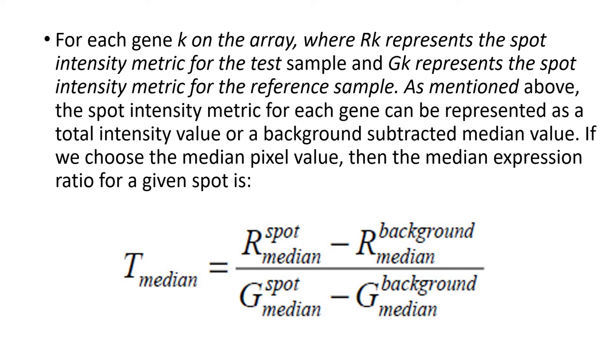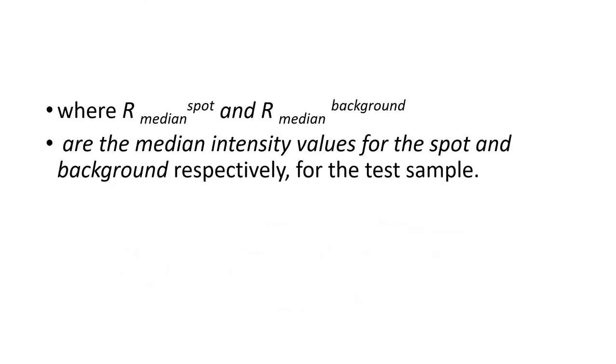So this is the formula: spot median intensity minus background median intensity. In that way we get the intensity ratio, called TK. This is also a median value. It should be clear to all of you. This is how we get the intensity ratio.